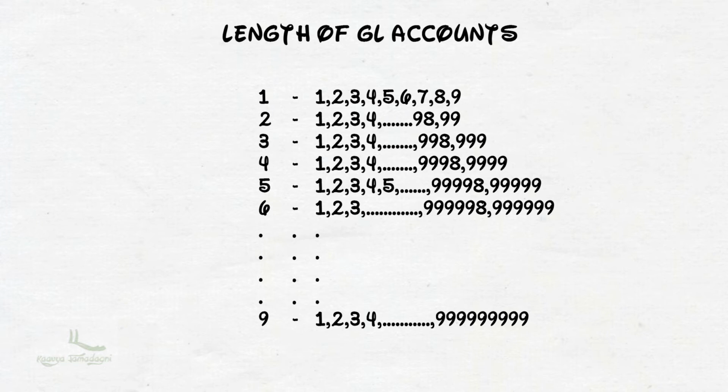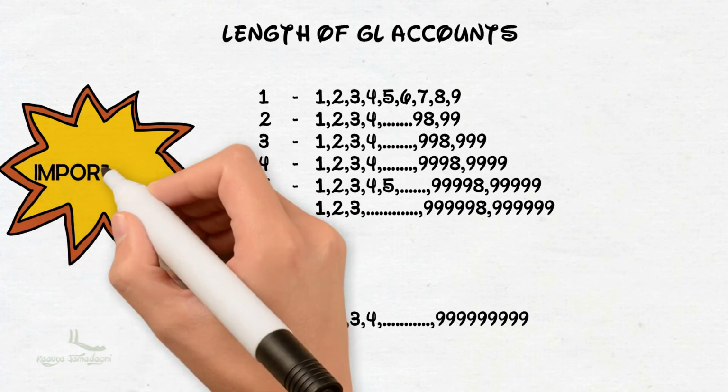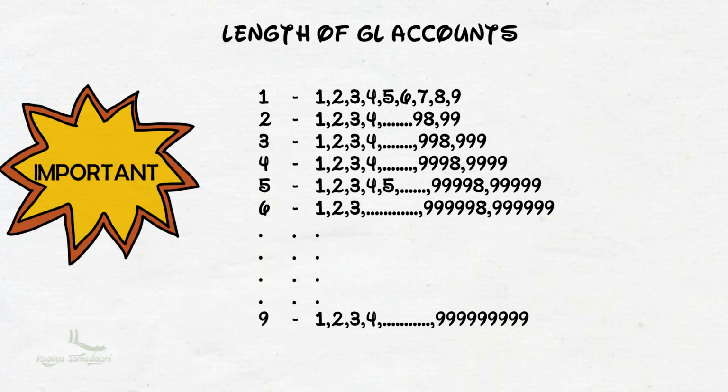Likewise, length as 9 means 999,999,999 GL accounts. That is 9 nines. Understood? So the maximum number of GL accounts I can have is 9 nines.